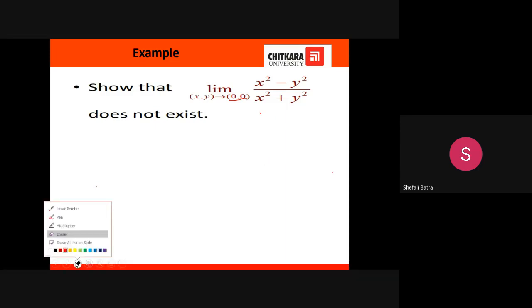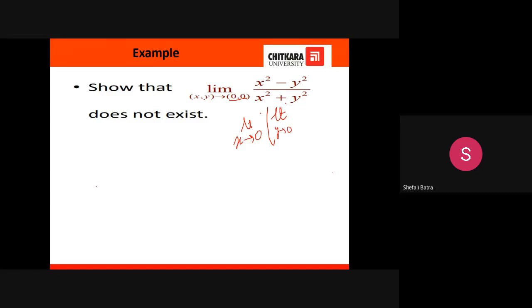Path 1 means limit x approaches to 0, limit y approaches to 0, x square minus y square upon x square plus y square. This is your first path. First y approaches to 0 and then x approaches to 0. Another path: limit y approaches to 0, limit x approaches to 0, x square minus y square upon x square plus y square.